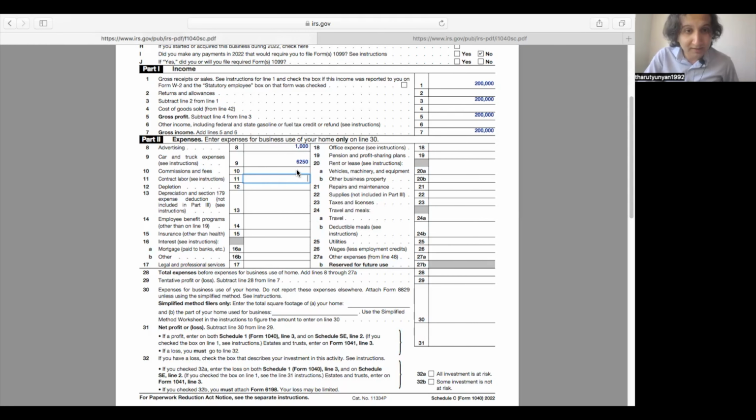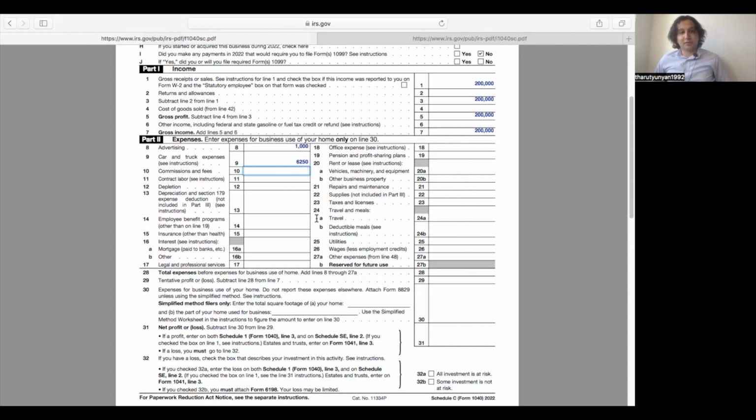Now, commissions and fees, right? Generally speaking, this is not where you put your employee pay. Commissions and fees usually refer to some sales personnel who are not your employees. It may refer to your bank that charges you fees for transactions. It may refer to a lot of stuff that is not your employees.